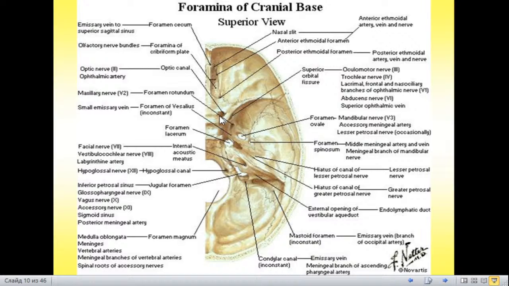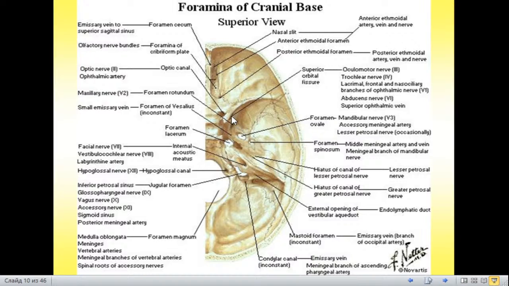Then the third cranial nerve, oculomotor, exits the skull through the superior orbital fissure. Fourth one, trochlear, also. As for the fifth cranial nerve, as you know, it has three branches: ophthalmic, maxillary, and mandibular nerves. The ophthalmic nerve enters the skull through the superior orbital fissure, then nervus maxillaris through foramen rotundum, and nervus mandibularis through foramen ovale.